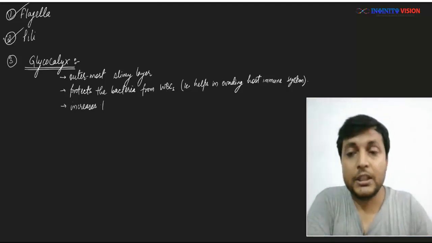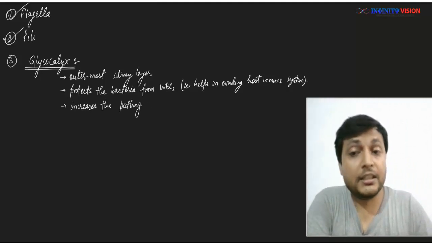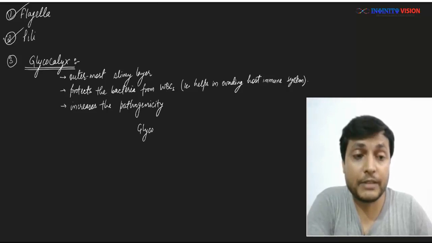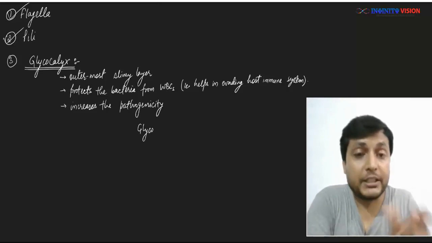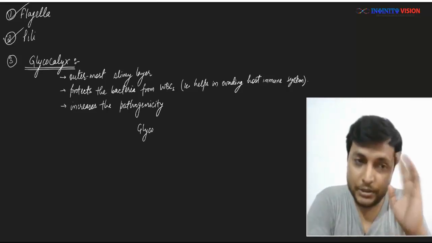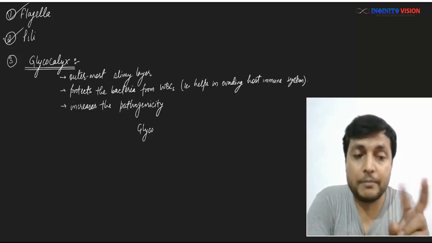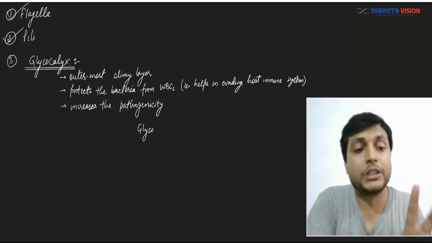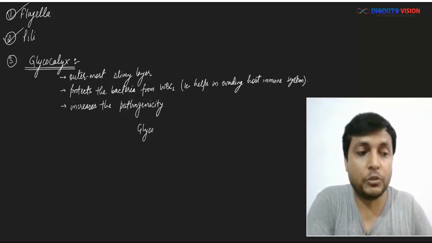So what it is doing is increasing the pathogenicity of the bacteria. Can you understand? If there are two bacteria, same bacteria, hypothetical situation, two same kind of bacteria, one with glycocalyx, another without glycocalyx, obviously the one without glycocalyx will be effectively targeted by your WBCs and will be thrown away.